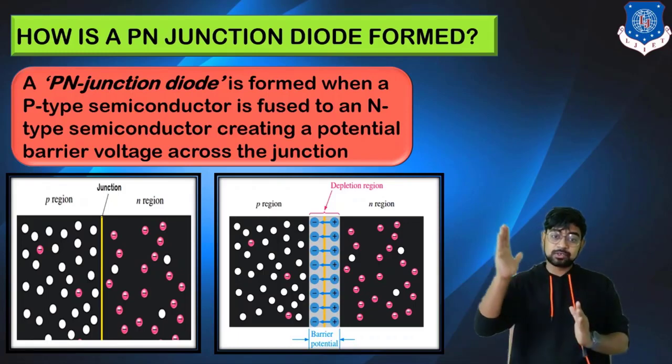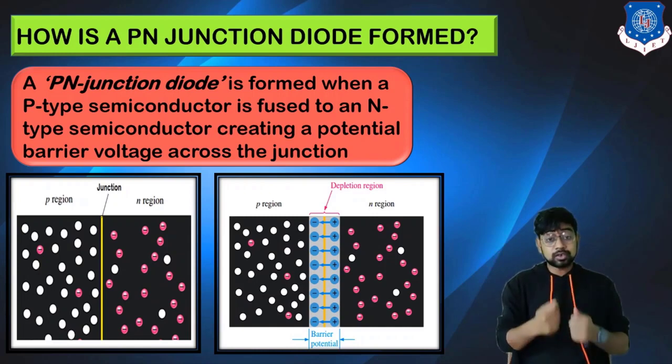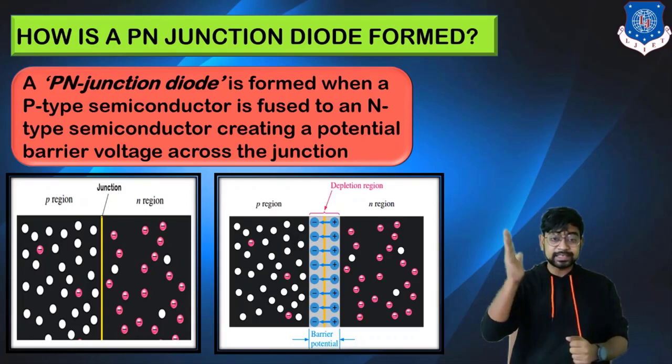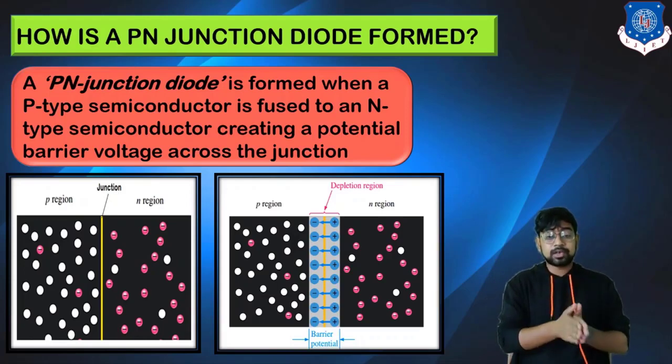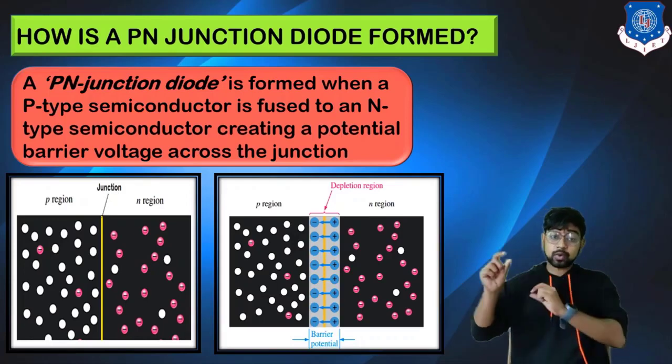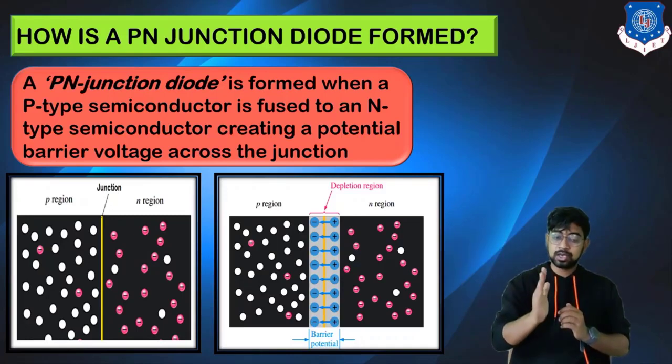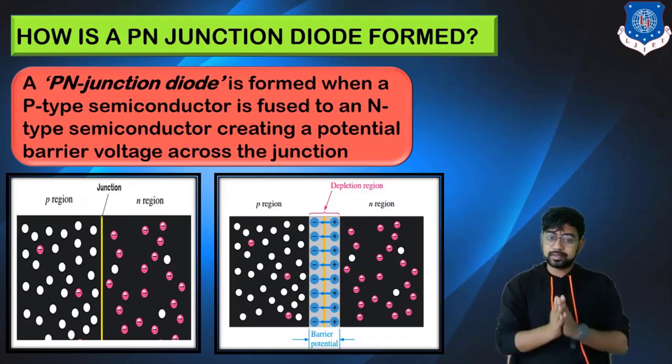They start to flow in the opposite direction, following the density gradient. Why? Because electron and electron will repel each other. That's why they flow from high density to low density to saturate things.